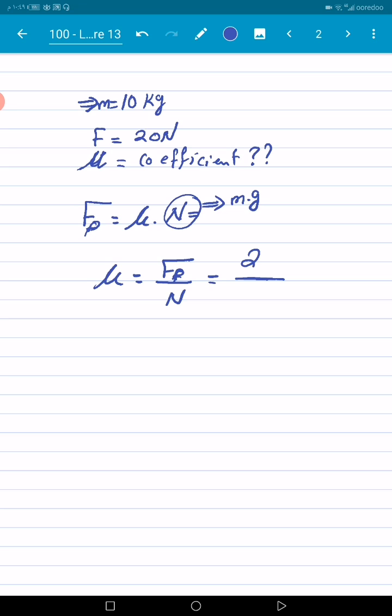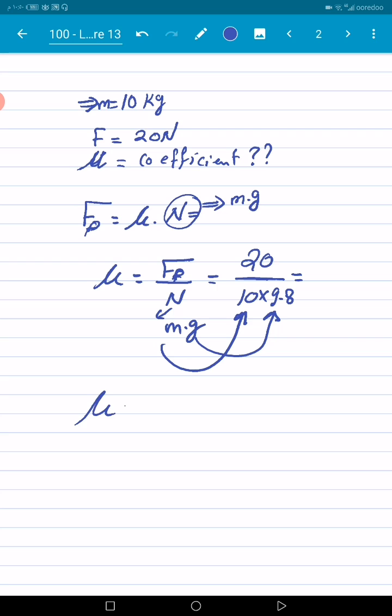So how much applied force? 20. The normal force, 10 multiplied by 9.8, because here mg, that is m and that is g.